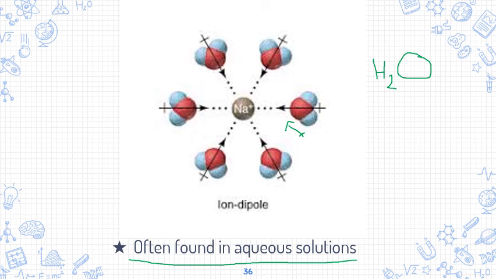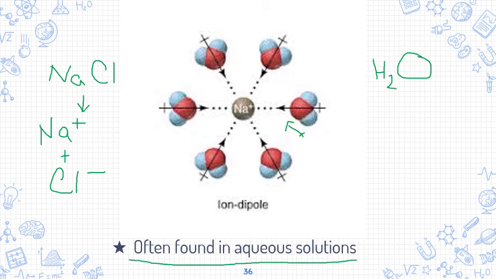So suppose we have sodium chloride, that's table salt, and we put it in water. What's going to happen is the sodium chloride is going to separate out into sodium cations and chloride anions. So charged particles for both of these, the sodium would have a positive charge, chlorine would have a negative charge.